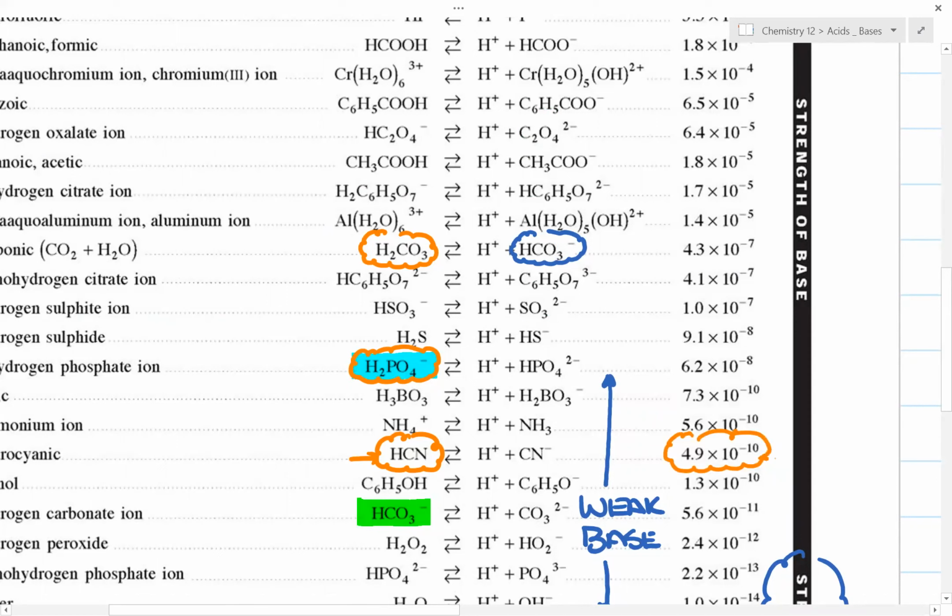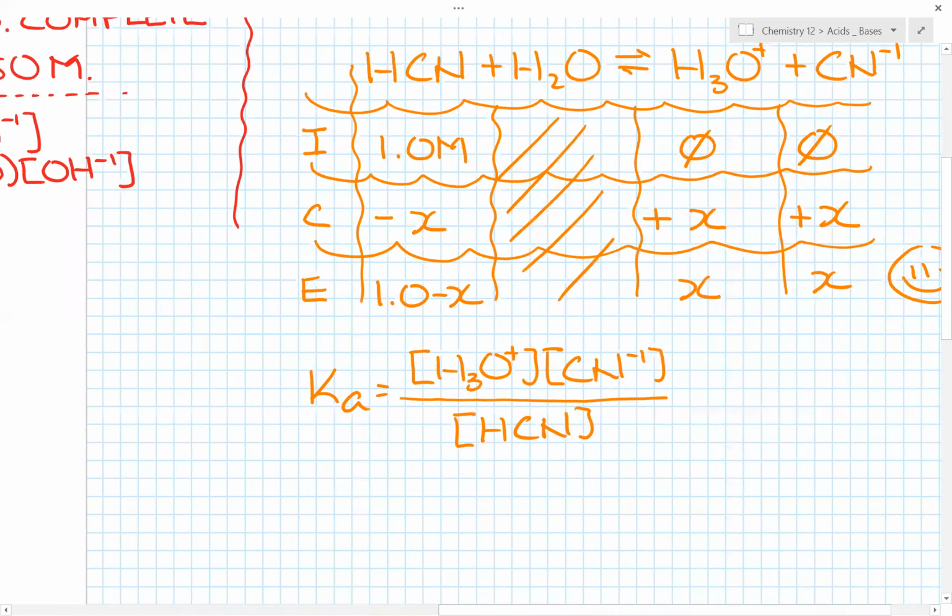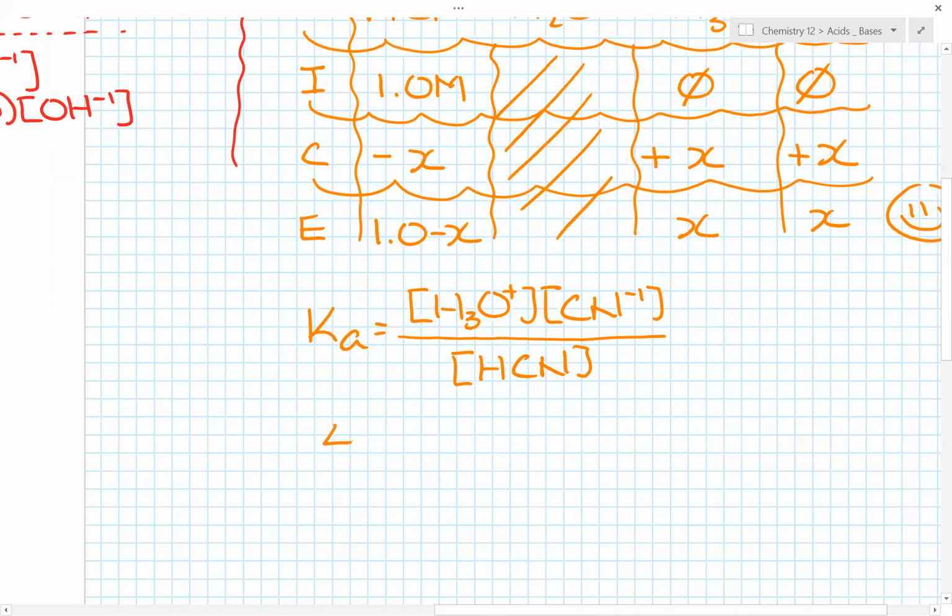So 4.9 times 10 to the negative 10 is equal to X squared all over 1.0 minus X.